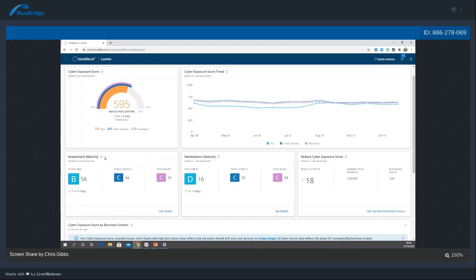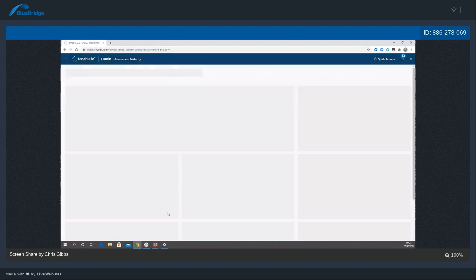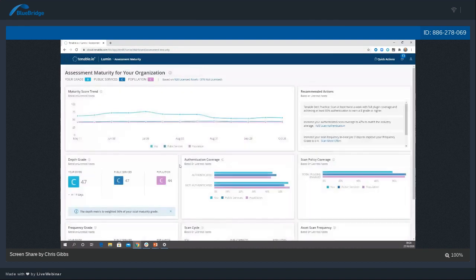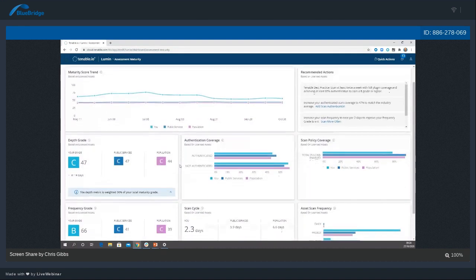This tells us our grade compared to our industry and the general population of users of Tenable, for example. Now, Lumin does a lot more than just assessment maturity. It's talking about your cyber exposure risk as a whole, but I'm going to focus right now on assessment maturity. So if I drill into my assessment maturity, I can then see some detail around my business.